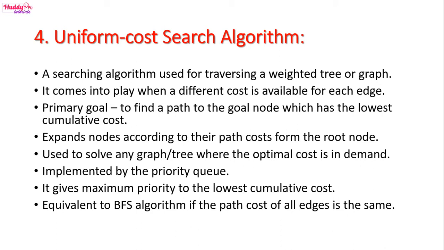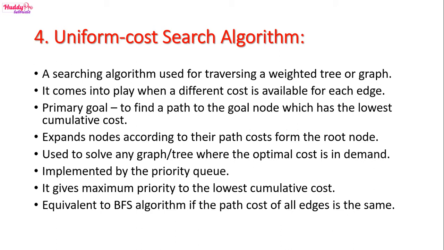That one is studied under design and analysis of algorithms or under data structures. So you can do more research, but in artificial intelligence, we assume that you already have that background. We are saying that the uniform cost search comes into play when a different cost is available for each edge.